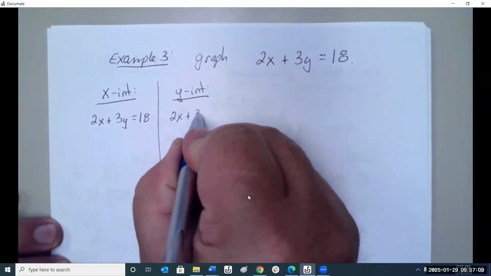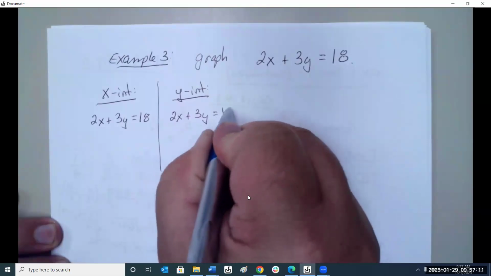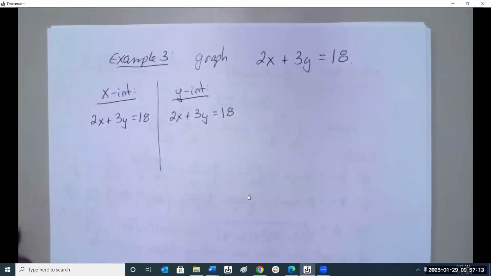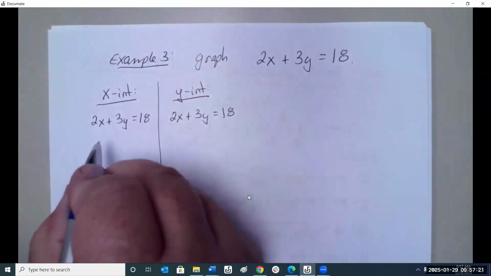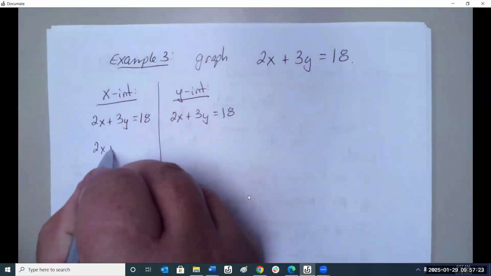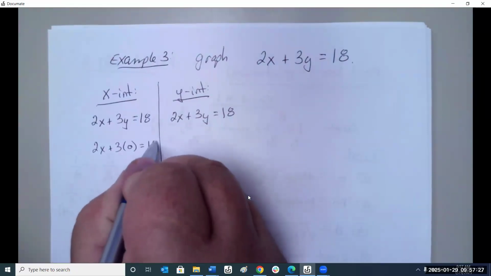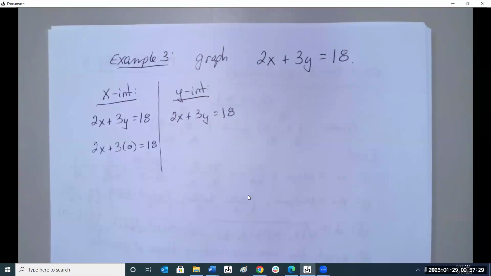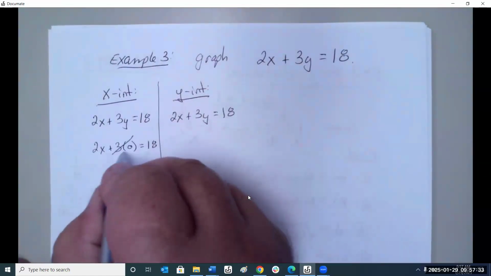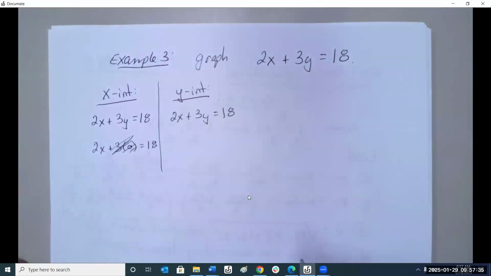To find the x-intercept, what do I have to do first? Set y equal to 0. Anything times 0 is 0, so it just pretty much erases it from the board.